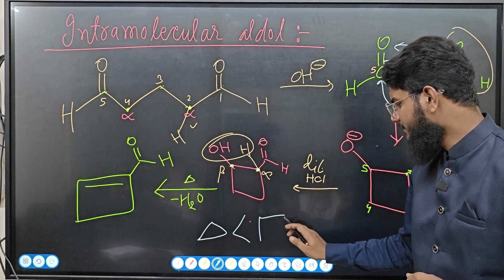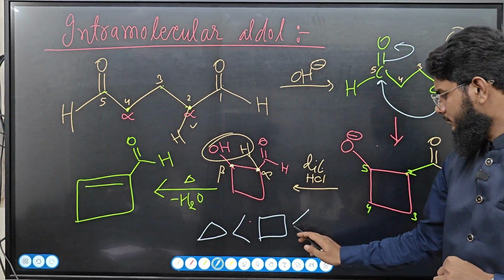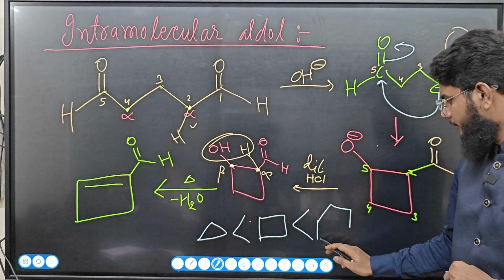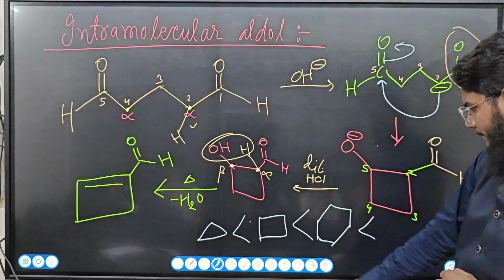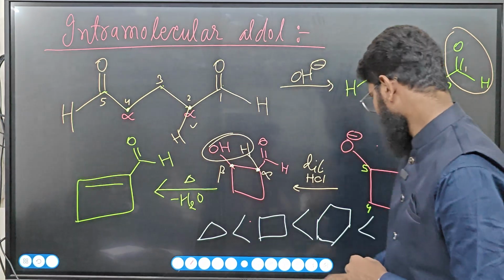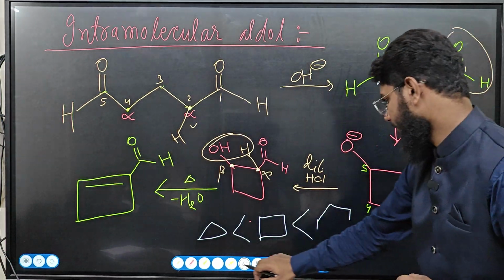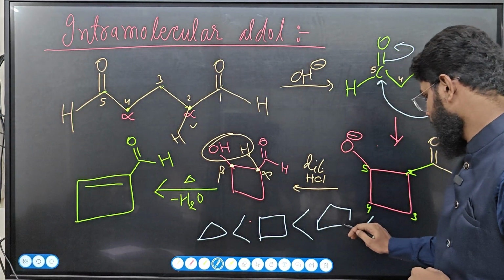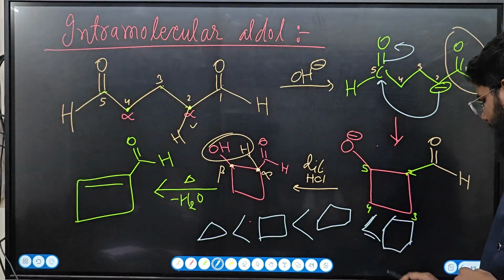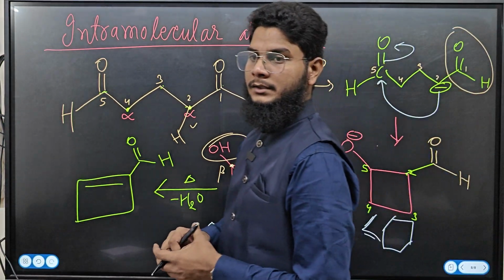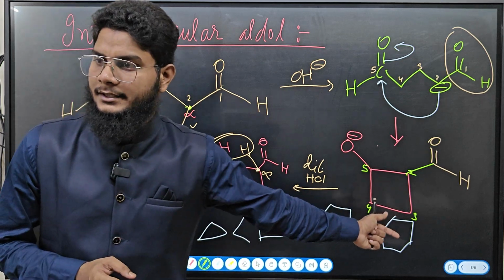3-member is less stable than 4, 5-membered, and then 6-membered. Sorry, this is your 5-membered ring, and then you have the 6-member ring. It is just because of the ring strain.